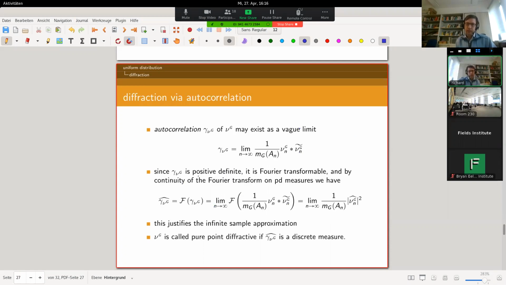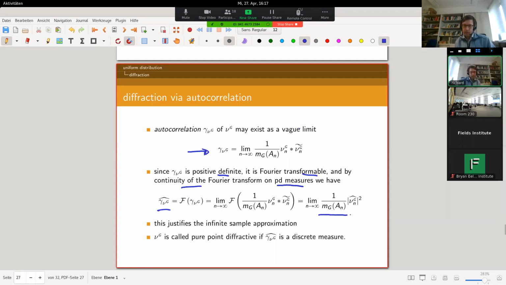So what you define is the autocorrelation, in this way, this Eberlein convolution. And then everything is nice. Gamma autocorrelation is positive definite. It's Fourier transformable. Nicely, you have continuity of the Fourier transform on the positive definite measures. And then everything commutes nicely.